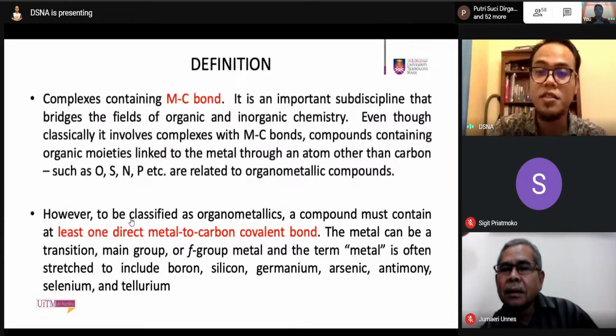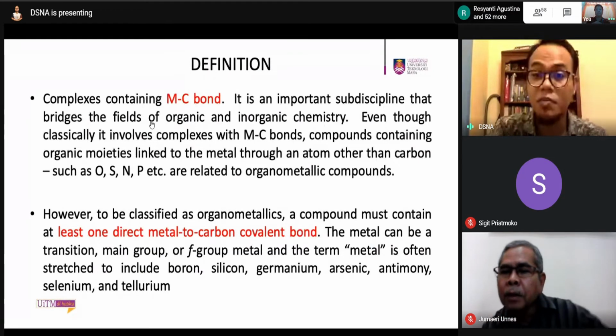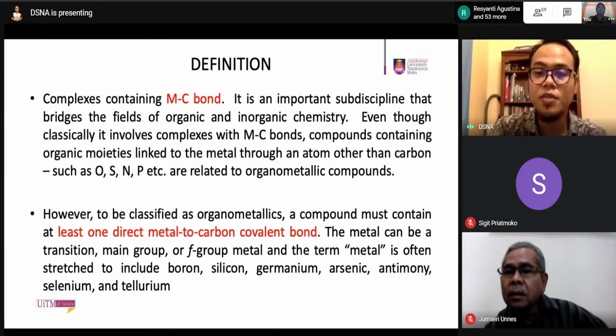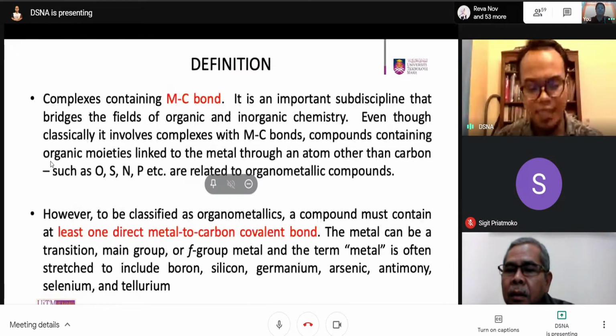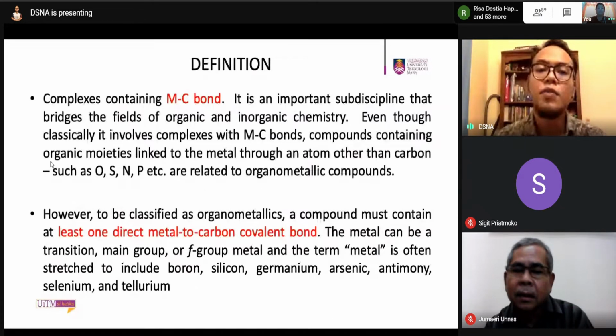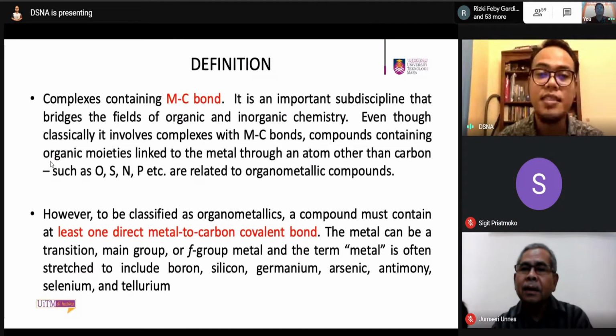on the definition. We can have inorganic compounds, but not all inorganic compounds are organometallic compounds. The best way to define organometallic compounds would be ones that have an M to C bond. M is the metal and C is carbon.